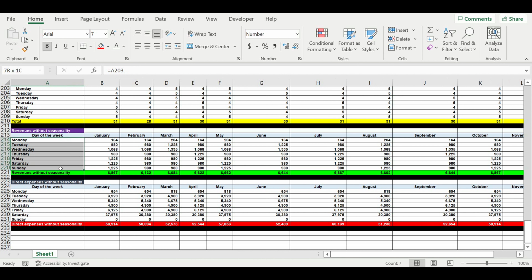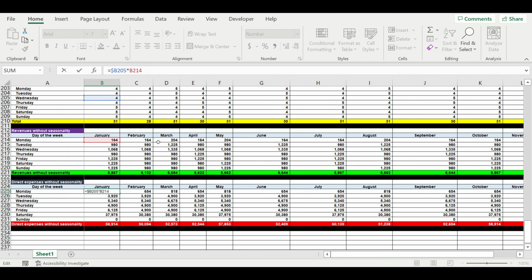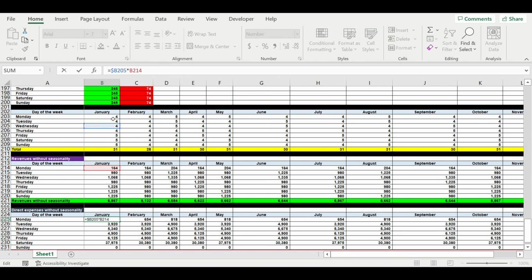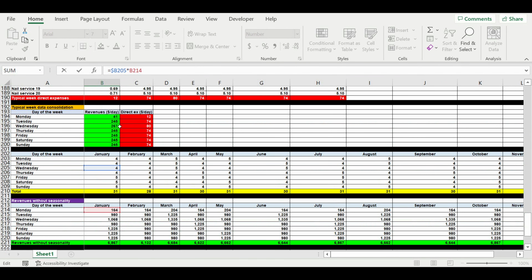The formula for direct expenses will be like this.